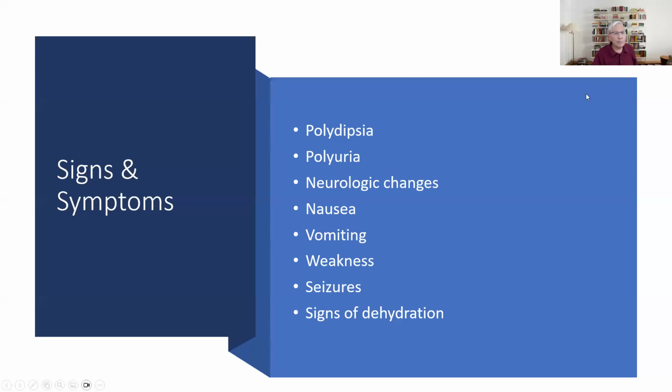So what are the signs and symptoms of HHS? They include, again, signs of dehydration. As we said, it develops over several days. So usually these patients are going to have polydipsia, polyuria, as well as signs and symptoms of dehydration.